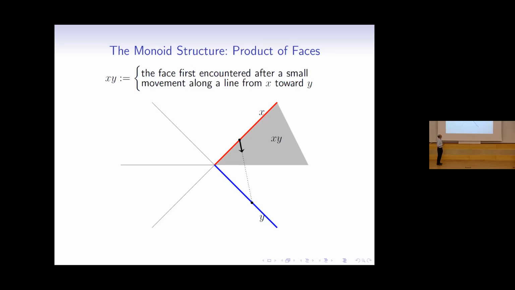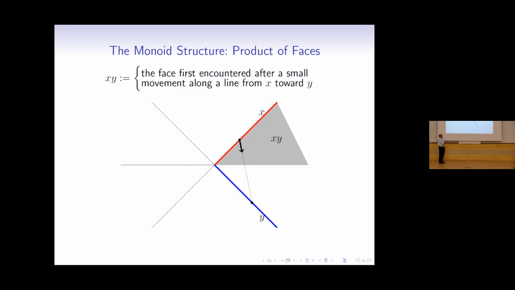A couple of things about this product: it's not commutative. If I look at YX, it would be this face over here. It's not too hard to check that it's associative, so there's a semigroup. It's not too hard to check that the origin acts as the identity element.